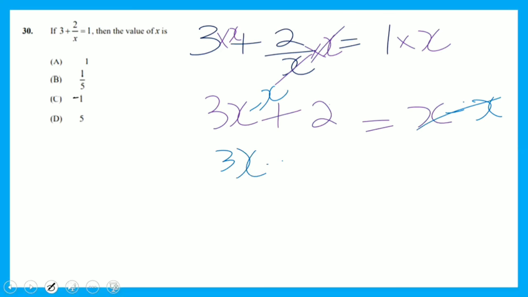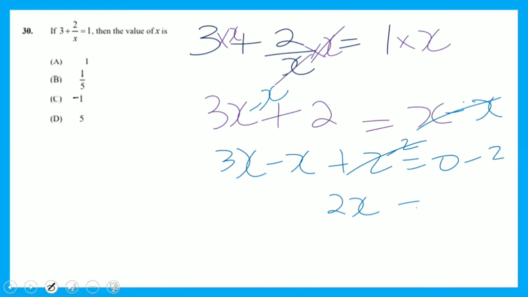So now we have 3x minus x plus 2 equals 0. We don't want that 2 on the side of the x's, so we're going to get rid of it. Minus 2, minus 2. So now we have 3x minus x, which gives us 2x equals 0 minus 2. That's negative 2. Dividing by 2, so I can just find x, I have x equals negative 1.